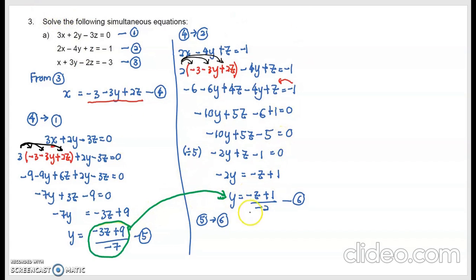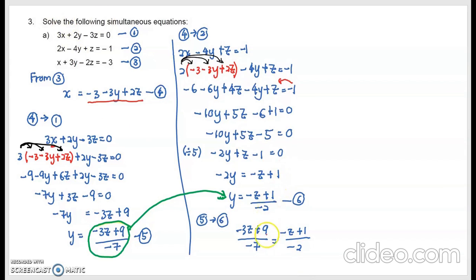So negative 3z plus 9 over negative 7 is equal to negative z plus 1 over negative 2.